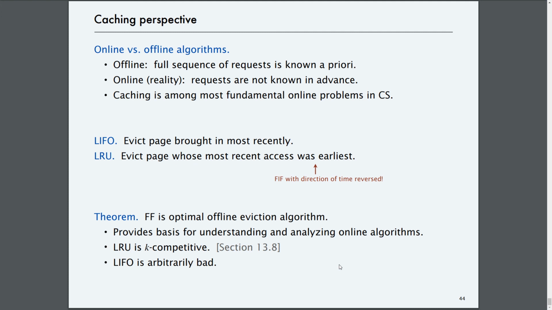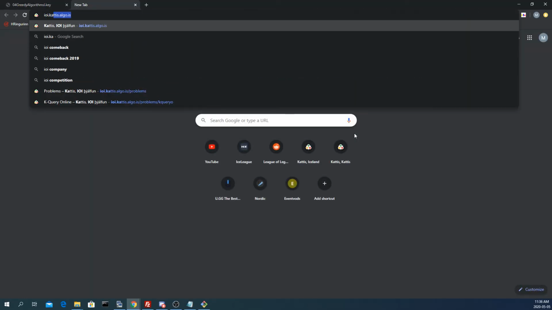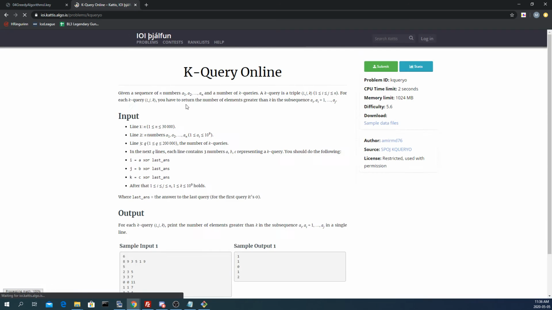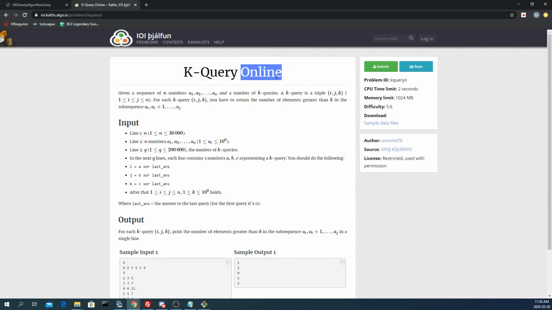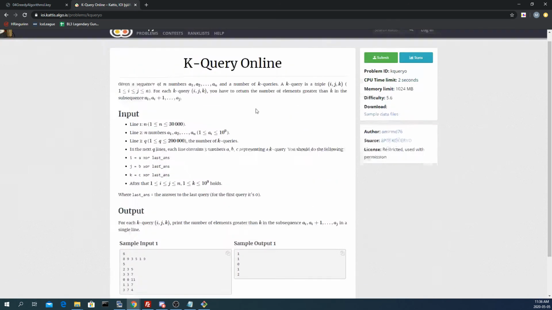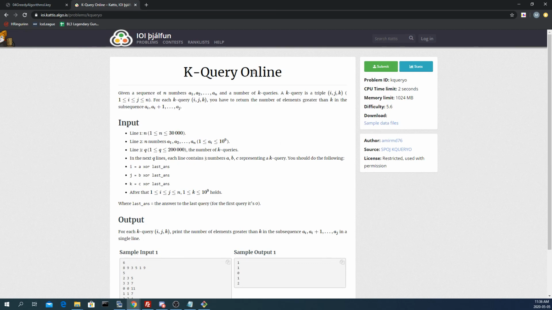There are, like the problem I showed you when James asked about what square root decomposition can do that segment tree can't. This here, you see it says online here. So this here is an example of a competitive programming problem where everything is online.